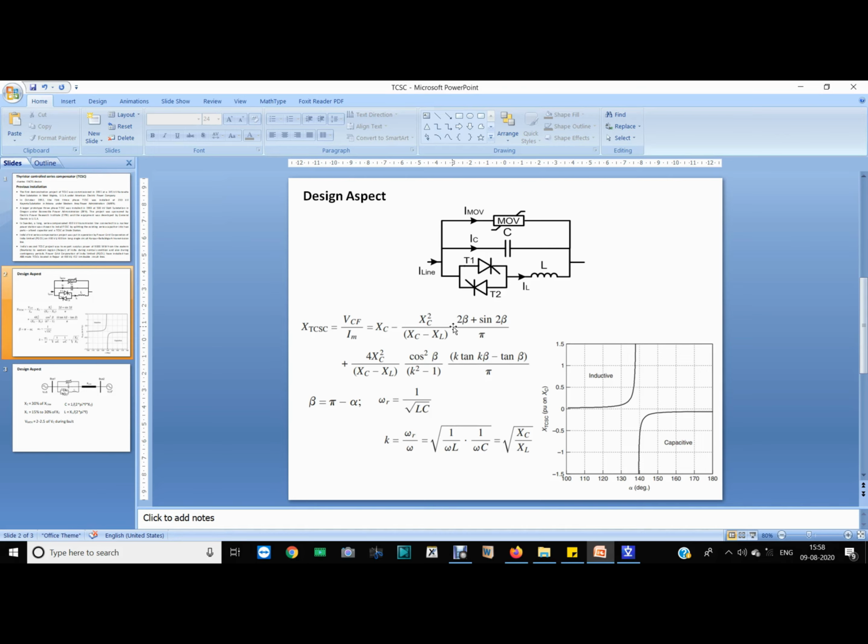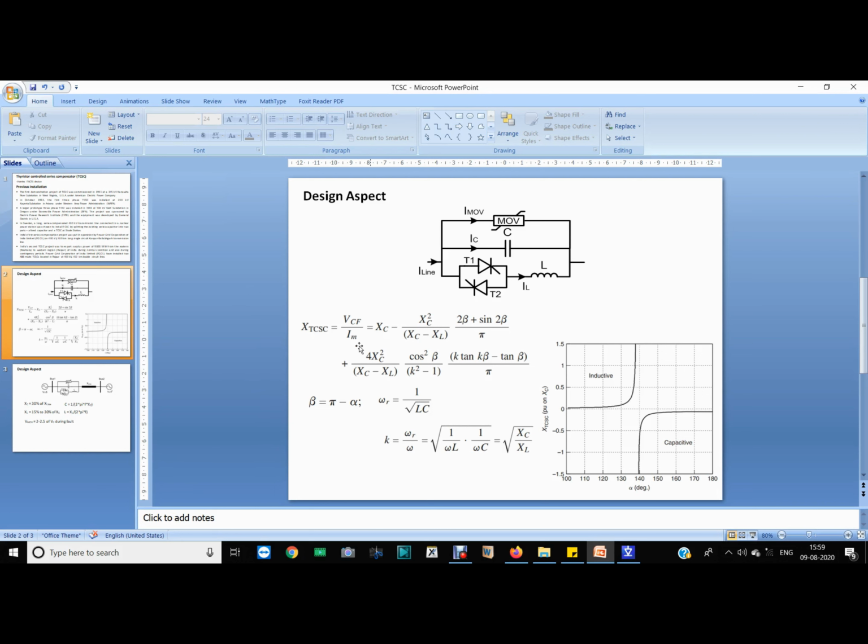Times 2 beta plus sin 2 beta divided by pi, where beta is pi minus alpha and alpha is the firing angle of the thyristor T1. So the firing angle of the thyristor T2 will be pi plus alpha, right? Because this is anti-parallel and 180 degree out of phase.